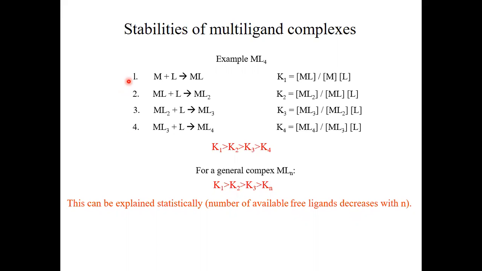So as the reactions proceed from 1 to 4, the number of available ligands in the free solution declines, and therefore there's a statistically smaller probability that the ligand can connect to the metal through collision.